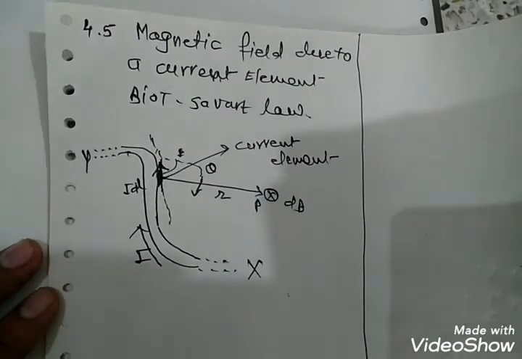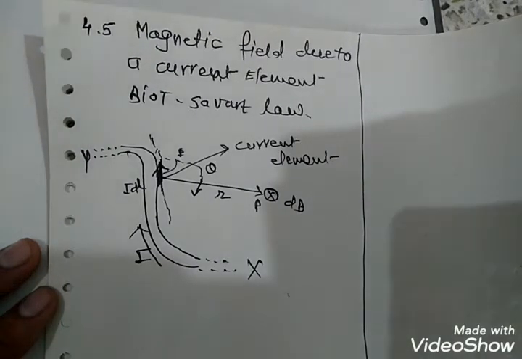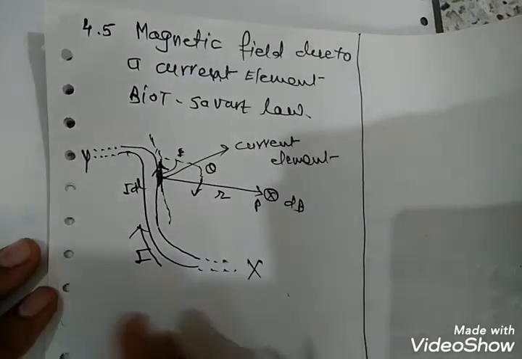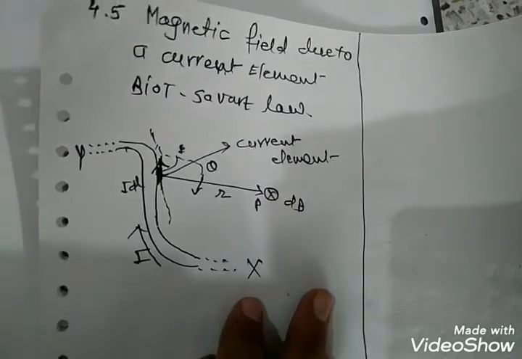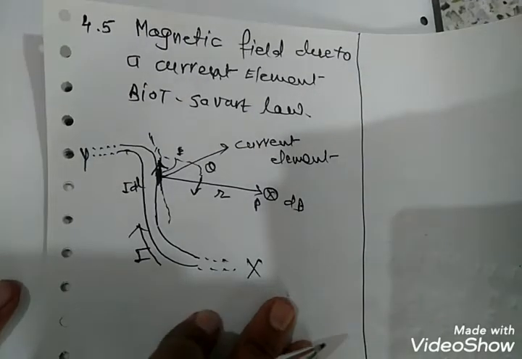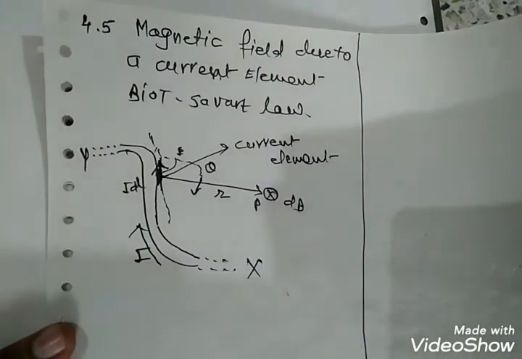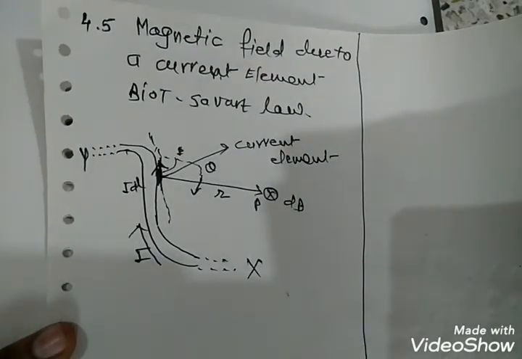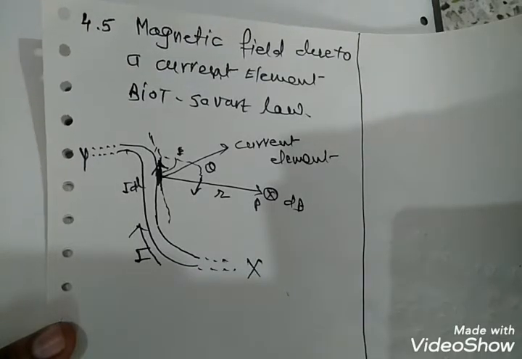Okay, so this topic is 4.4. Topic 4.5, magnetic field due to a current element, the Biot-Savart law. Most important question here: all the magnetic fields that we can know are due to a current, because moving charge produces a magnetic field.